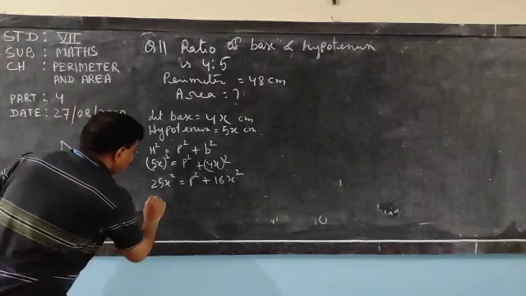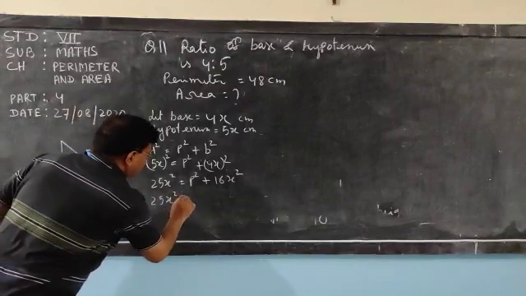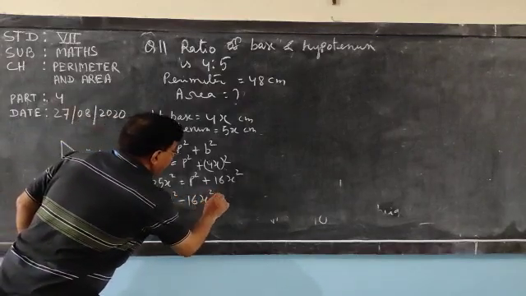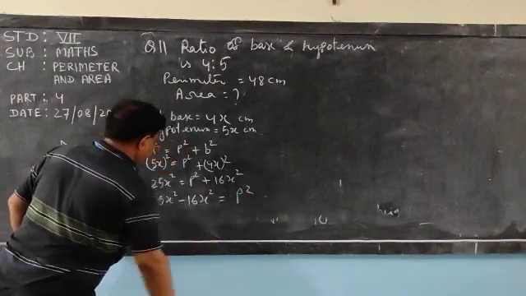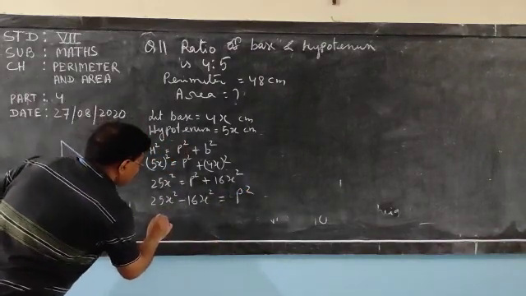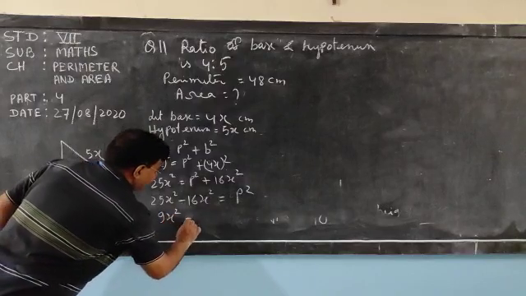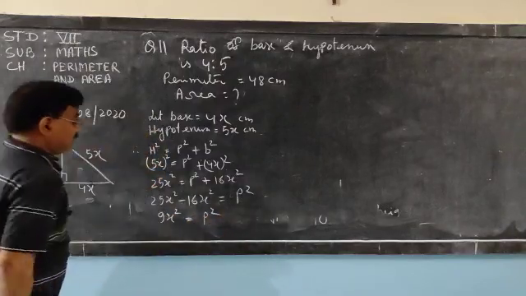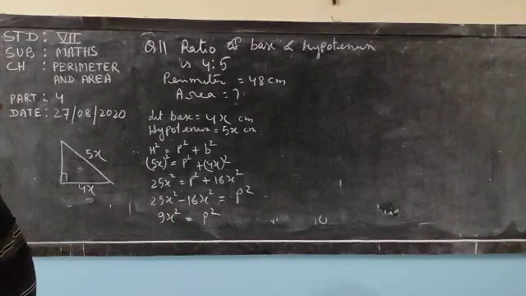It means 25x square minus 16x square is equal to p square. It means 9x square is equal to p square. Very clear.